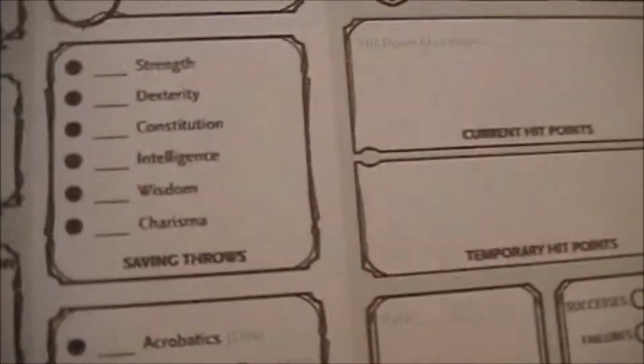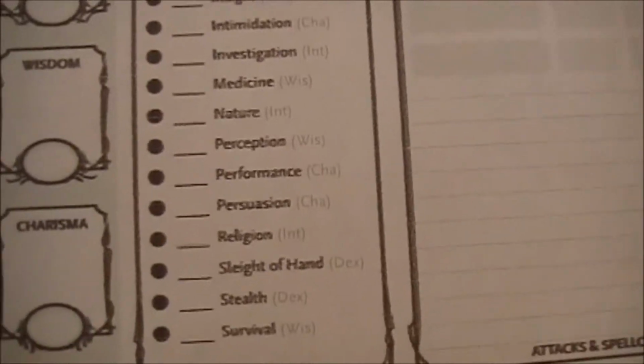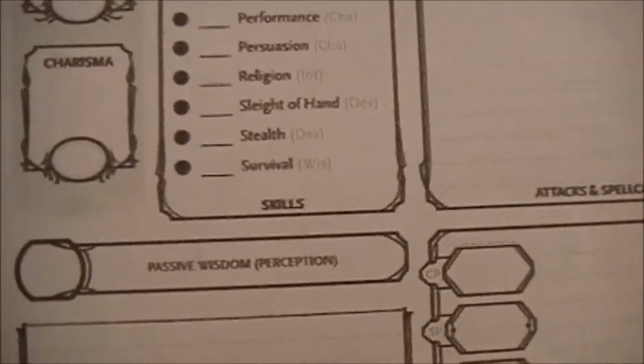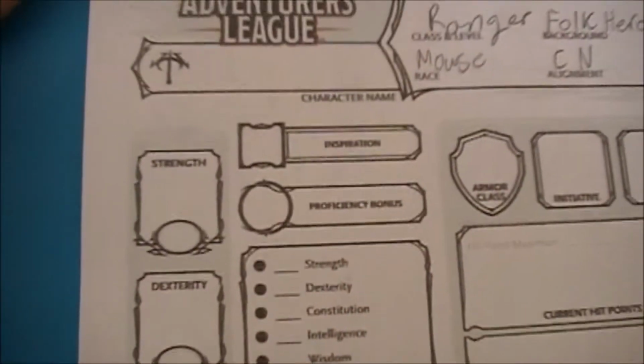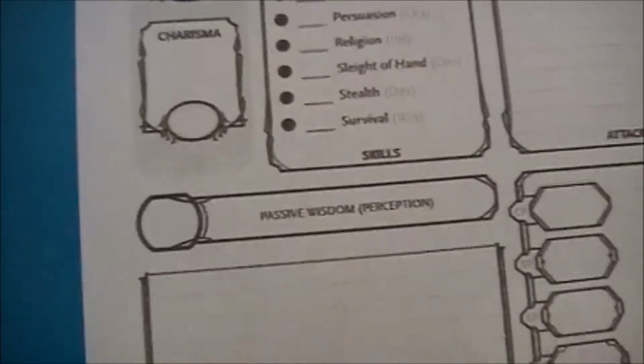Those are the modifiers, and those will help you with skills and saving throws and everything that your character is actually good at and that you would be rolling dice for in order to figure out if you would succeed on checks and things.